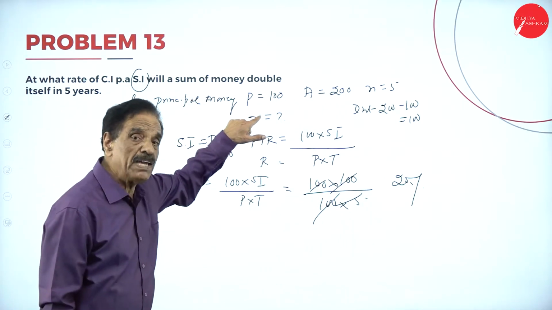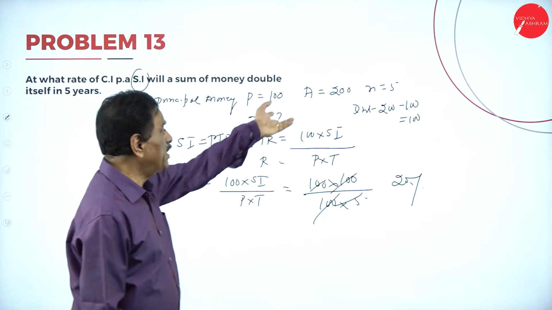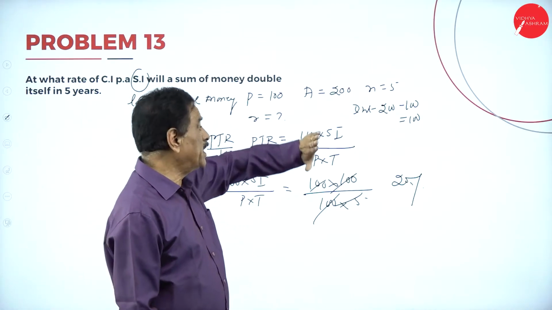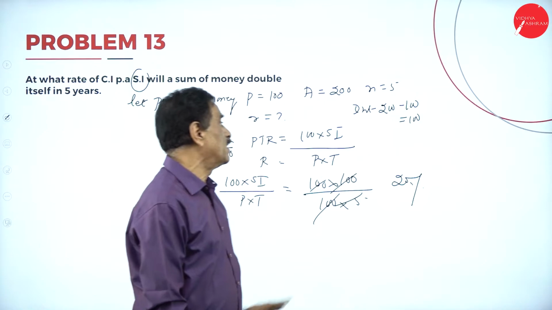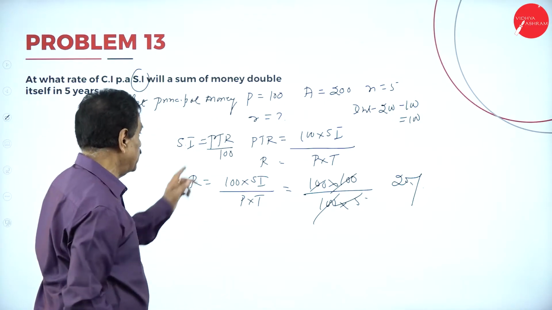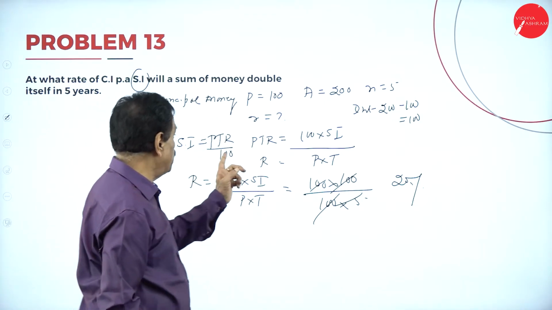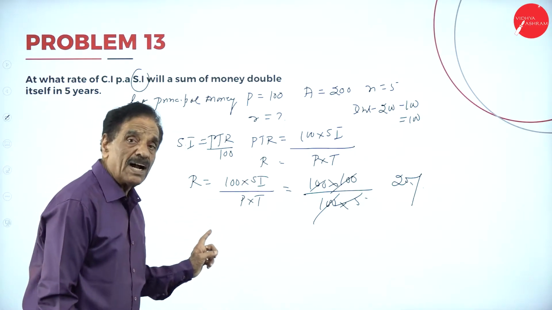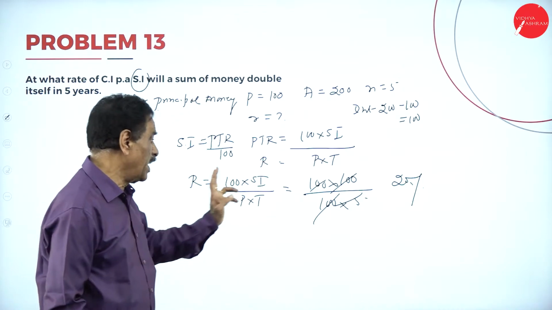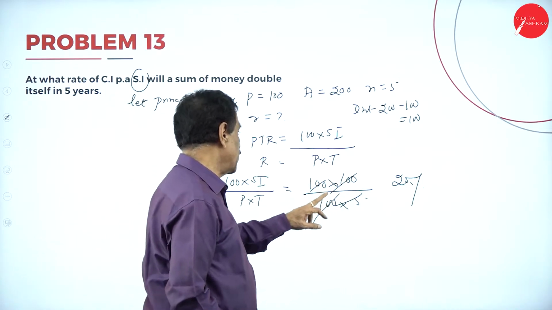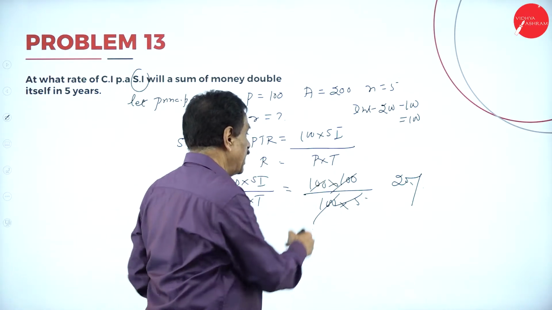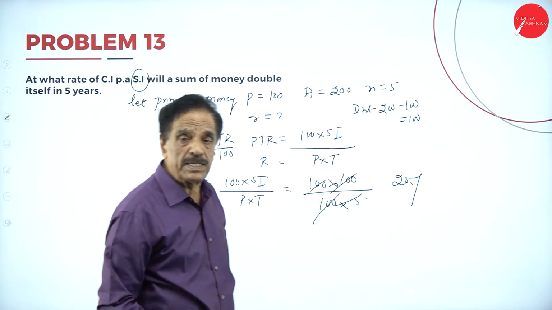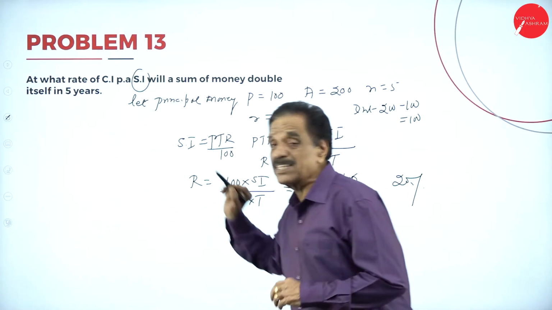Let P be equal to 100. A is double, means 200. So the interest earned is 200 minus 100, which is 100 rupees. Simple interest equals PTR over 100. Cross multiplying, PTR equals 100 into SI, so R is equal to 100 into SI divided by PT. 100 into 100 divided by 100 into 5, the 100s cancel, so it works out to 20%. I hope you understand this form.